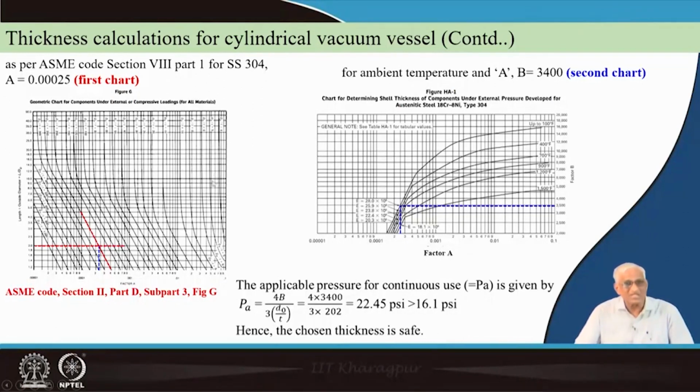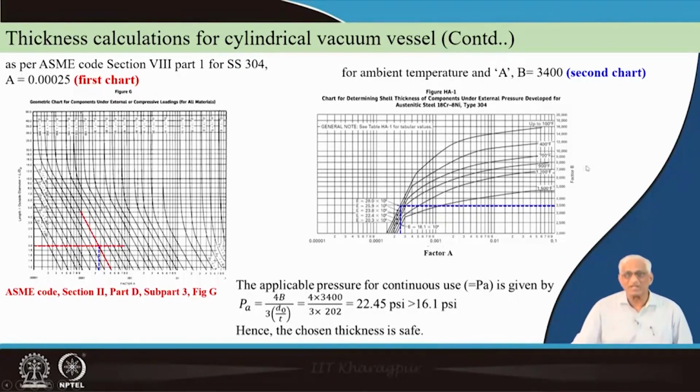So, thickness calculation starts from geometry. 3 parameters. One is thickness, that is guessed thickness, which we want to finalize, and d naught, which is the outer diameter, and length for a cylindrical shell. We will see for complicated shapes how to do later. Once you get the A factor, now comes to material properties, whether it is a stainless steel or an aluminum or mild steel or a plastic, that you have to see.